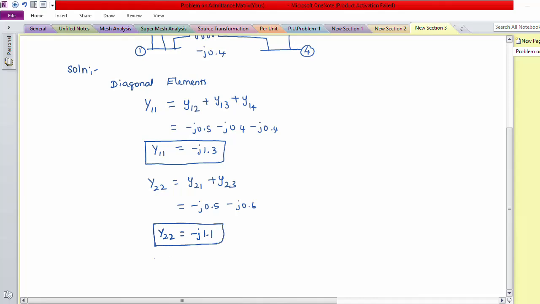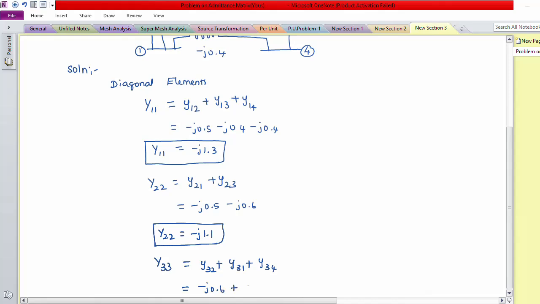We have to calculate y33. The lines connected at bus number 3 are y32 plus y31 plus y34. The admittance value for line 32 is minus j 0.6.